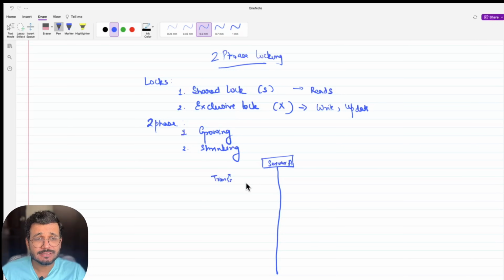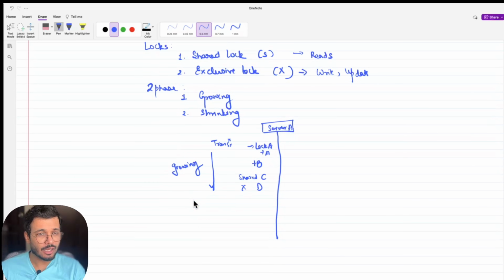It acquires a lock on resource A. We'll mark it as plus A. Now it acquires a lock on resource B, that is plus B. Then it requires maybe a shared lock on C, exclusive on D. Now this is called the growing phase.